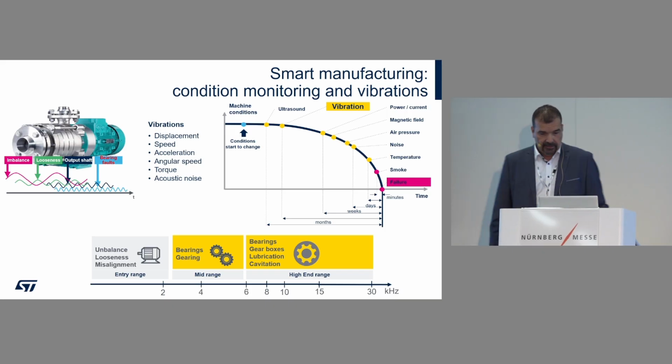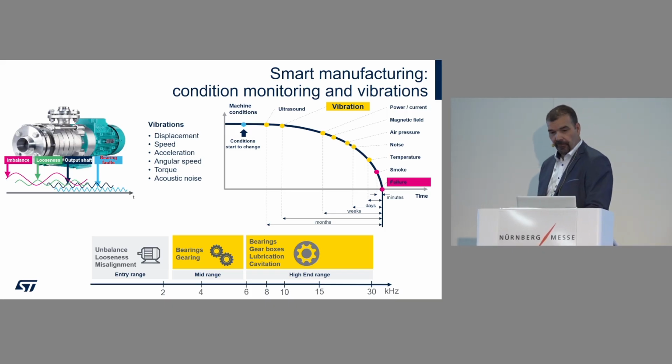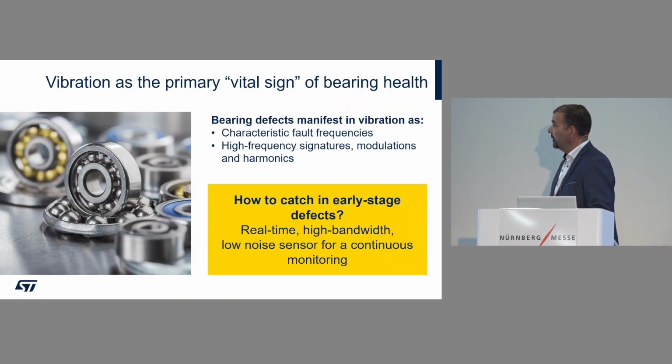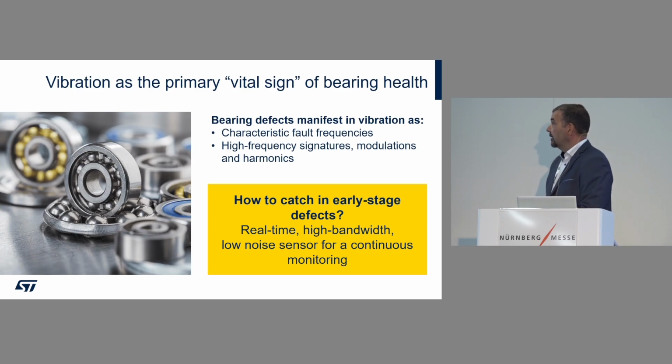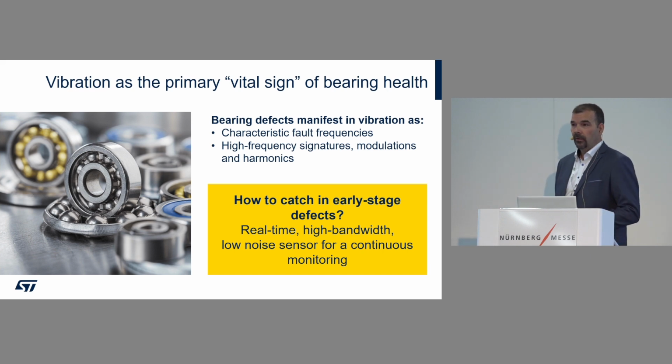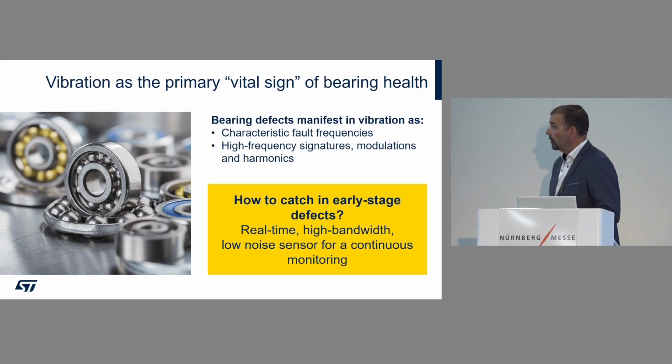So this is basically the theory for the vibration, and now I would like to focus a little bit on the bearings specifically. In the bearings, there are some typical defects which are resulting in vibrations, and those are linked to so-called characteristic fault frequencies, which are linked to ball frequency, for example, on the outer layer or the inner layer of the bearing, or it can be linked to the spinning of the ball, stuff like that.